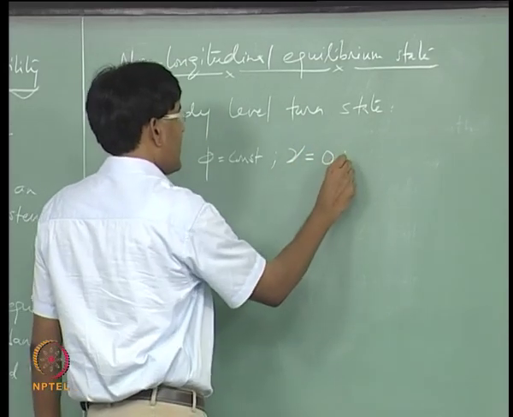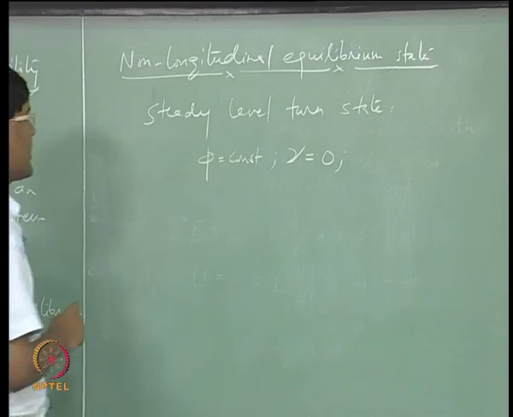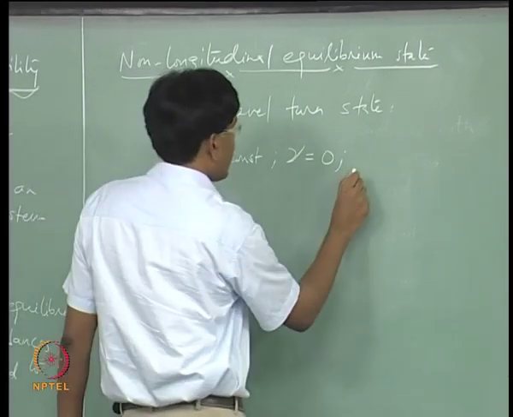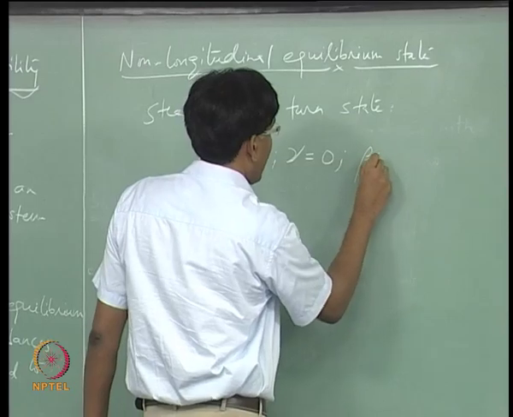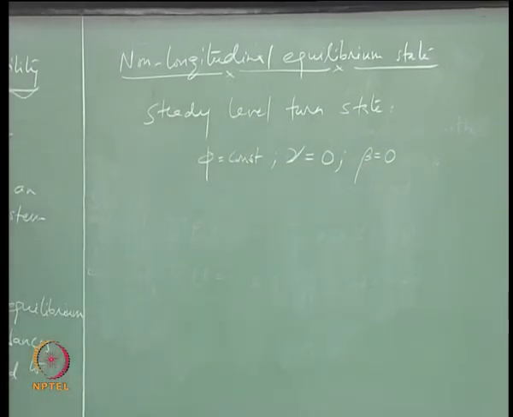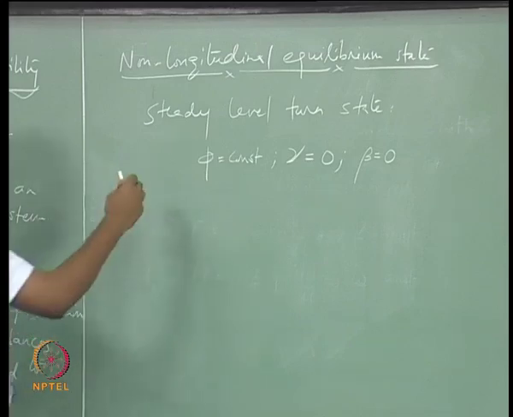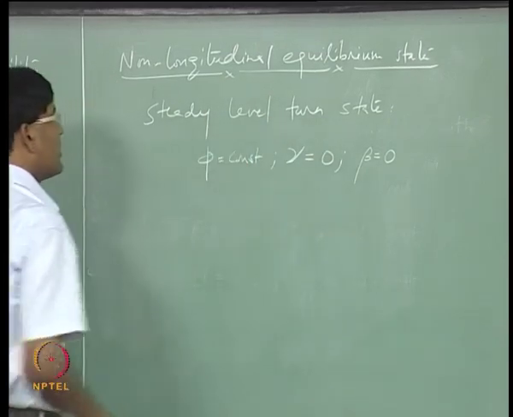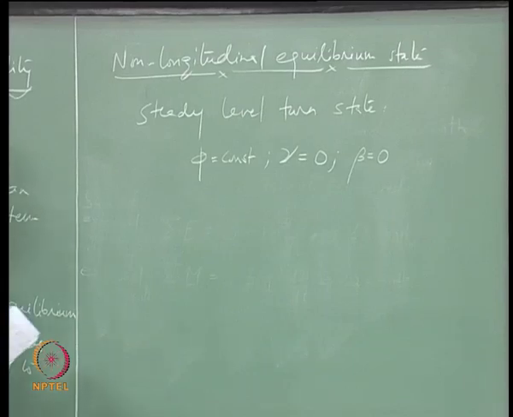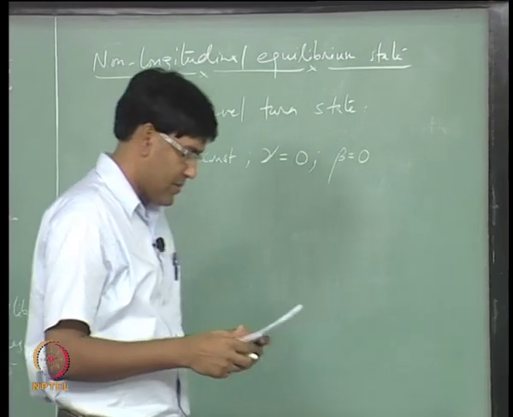On top of that, if you want to say coordinated level turn state, then we can also add this condition which is side slip angle equal to 0. So, this will also constitute one equilibrium state, which is a non longitudinal equilibrium state.